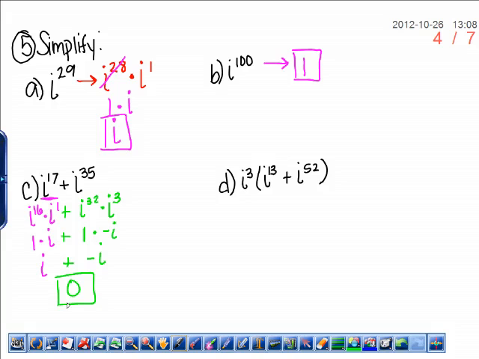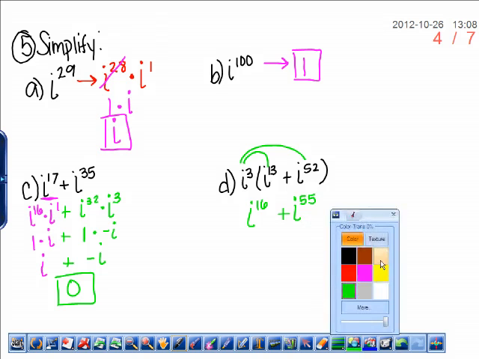So I would rather distribute and then just have to simplify once. But it's up to you. Okay? I'm going to go ahead and distribute. So i cubed times i to the 13th, i to the 16th, plus i cubed times i to the 52nd, i to the 55th.